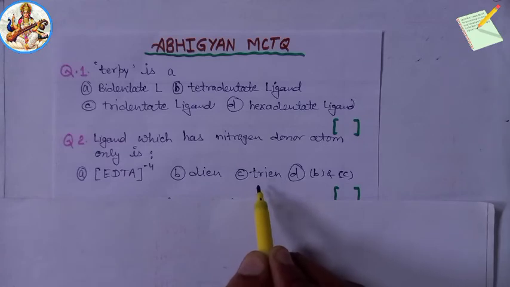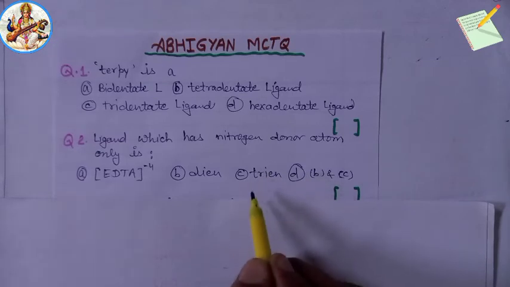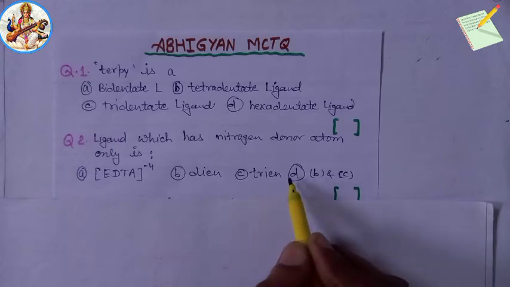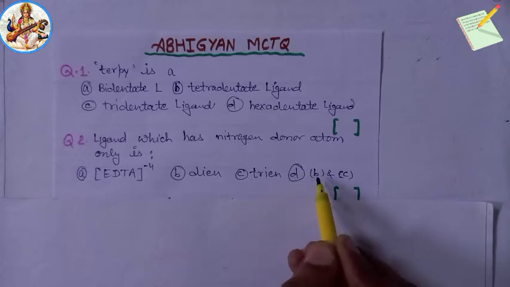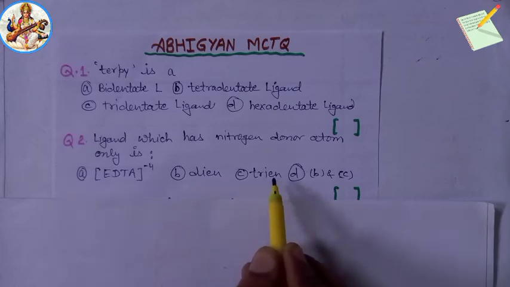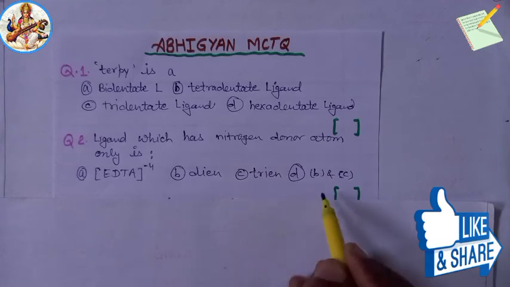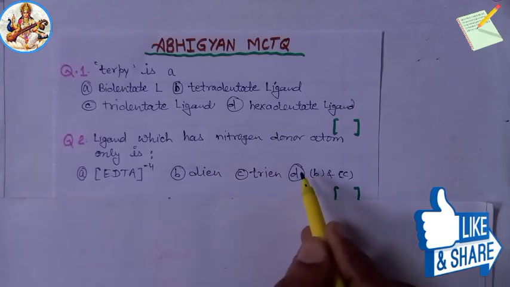Similarly in trien donor sites are 4 nitrogen atoms. Therefore the answer will be option D, B and C. In dien and in trien donor sites are nitrogen atoms. So the answer will be option D.